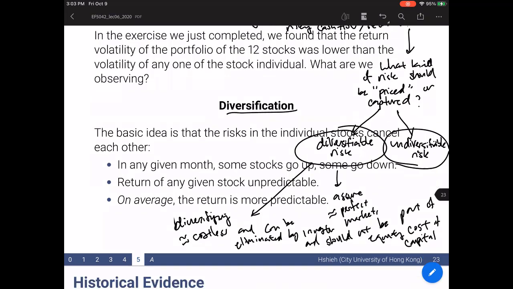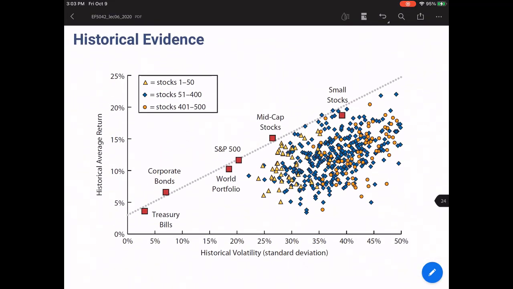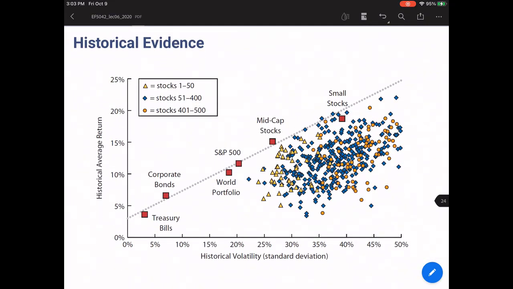All right, so historical evidence. This picture is taken directly from the textbook. Stocks 1 through 50 are the largest market cap, top 50 market cap according to the S&P 500.